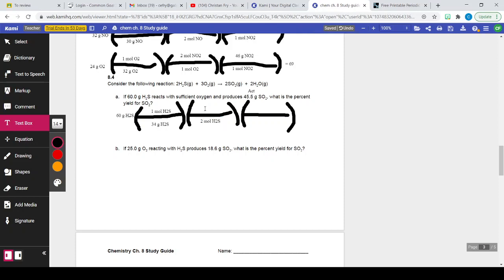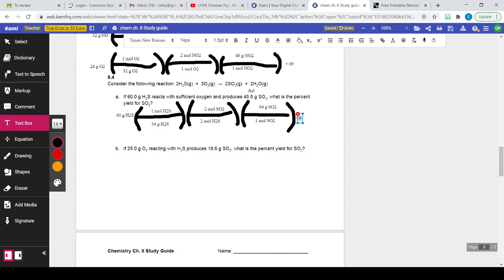And I'm getting SO2. So this really just cancels out right here, this step. 1 mole of SO2. 32 and 32, so that's 64 grams.